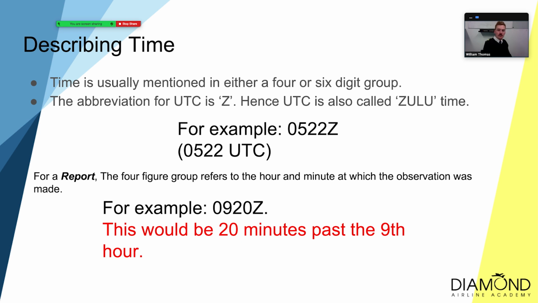From navigation, hopefully we're familiar with doing these conversions. For instance, if we were to go from 0522 Zulu, which is 0522 UTC, into Australian Eastern Standard Time, we would need to add 10 hours, which would take us to 1522 or 3:22 p.m.